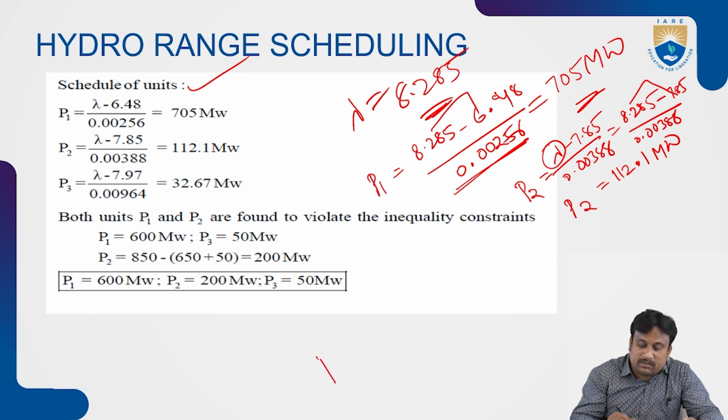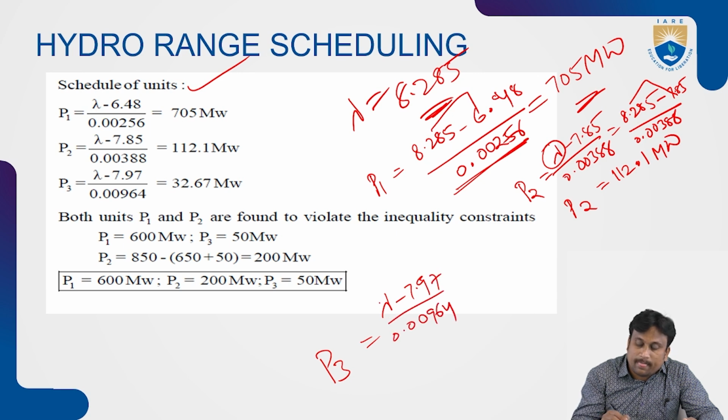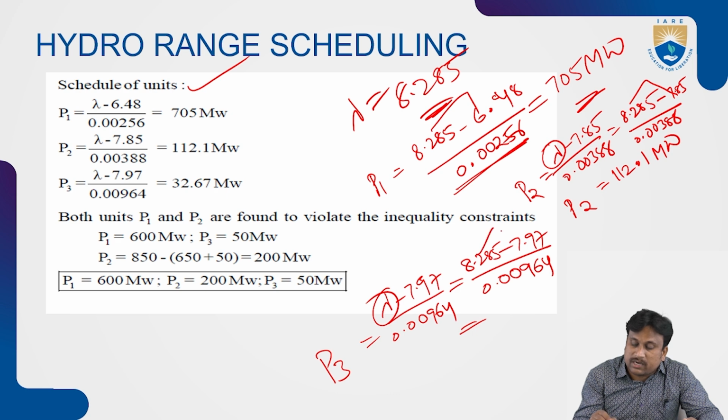Similarly, go with the P3 case, that is lambda minus 7.97 by 0.0096, where lambda is 8.285. Subtract and divide, and you obtain 32.67 megawatts.